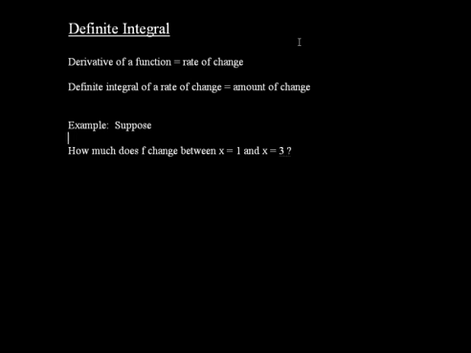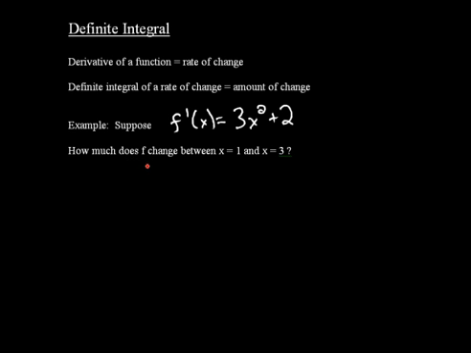Okay, so let me get my pen working here. Suppose f prime of x is equal to 3x squared plus 2. This is a rate of change, and what we're going to do is go from the rate of change to the amount of change. How much does the function change?